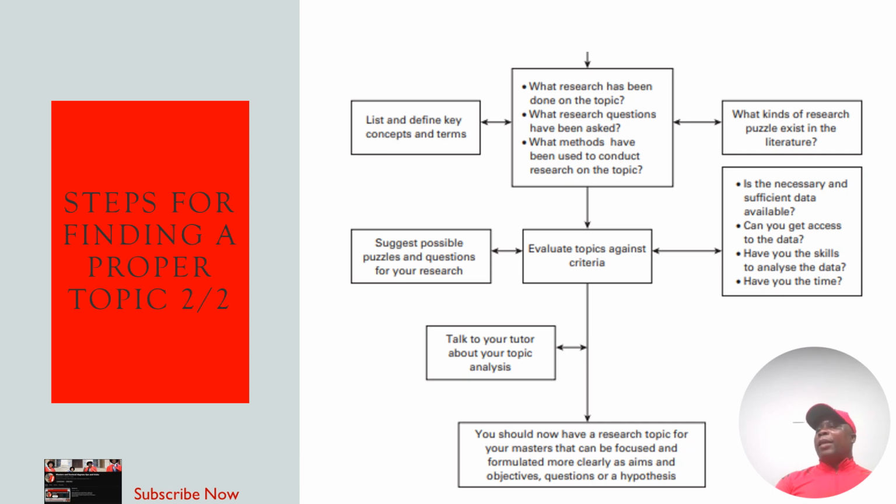If it's a master's by dissertation, you might be asked to do it in 2, 3, or 4 years. So you need to make sure that your research objectives and research questions take that into account, that it's not a 3 or 6 month study but one for 3 to 4 years. So these are the criteria against which you need to evaluate your research topic.